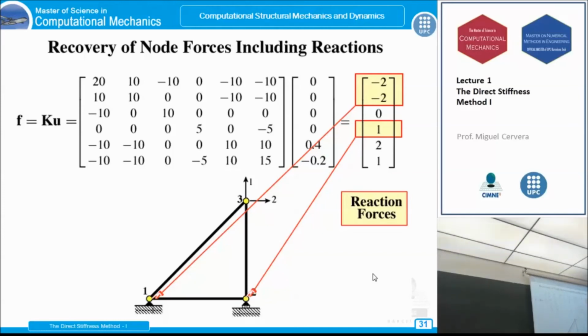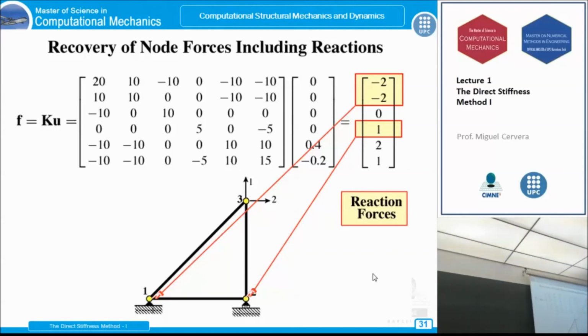Okay? Remember that the first row we have disregarded to get the reduced system. But it doesn't mean that it's wrong. You see, we are using it now, now that we know the displacements. Okay? The same with the second row to get the vertical reaction here. And the same with the fourth row to get the vertical reaction here.